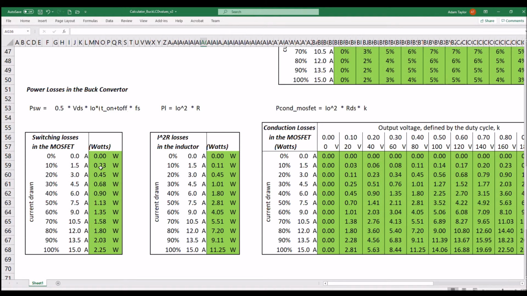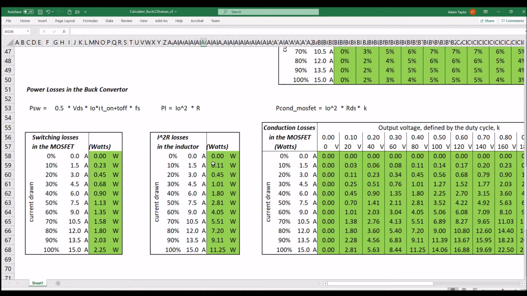And we can see here that the switching losses in the converter are going to increase as the current goes up. The switching frequency is a constant, the drain to source value is a constant, 0.5 is a constant. The only variable here is the current. If we were to take this buck converter up to full current, drawing the full 15 amps, the switching losses in the MOSFET alone are 2.25 watts based on those values that we chose.